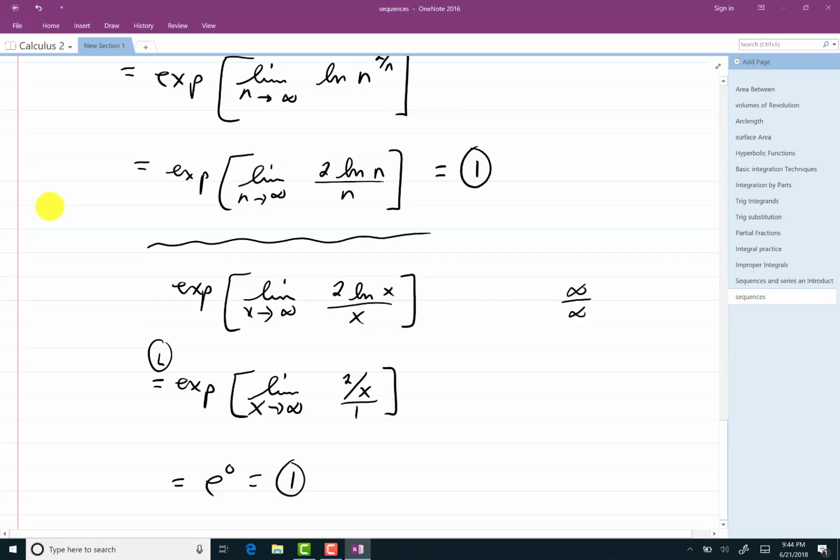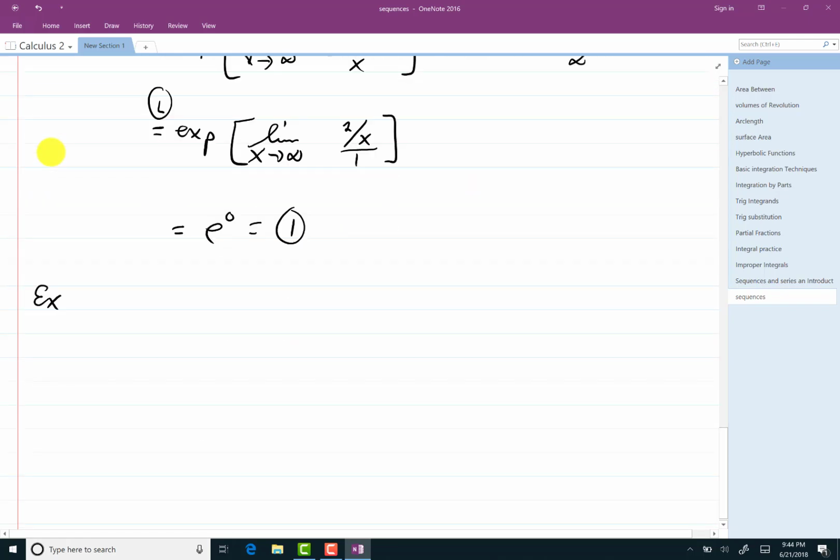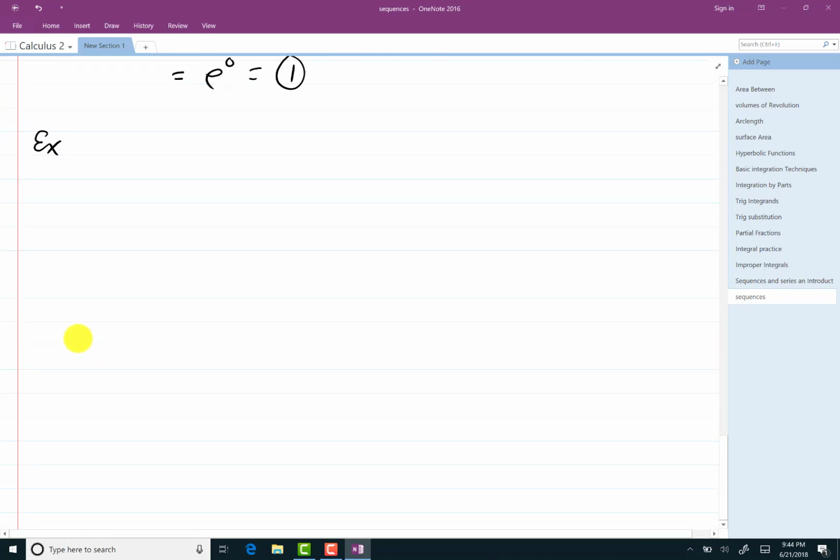Let me see where I'm at in my example numbers. Example 2, so example 3. So another limit as n goes to infinity. And we have the square root of n squared minus n.